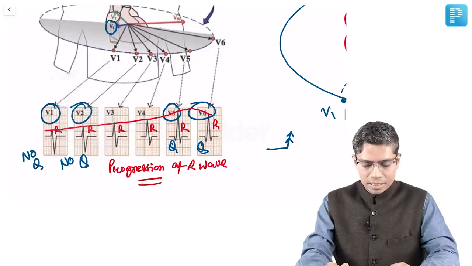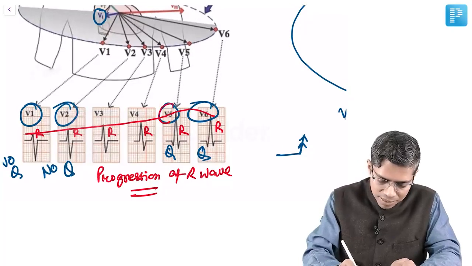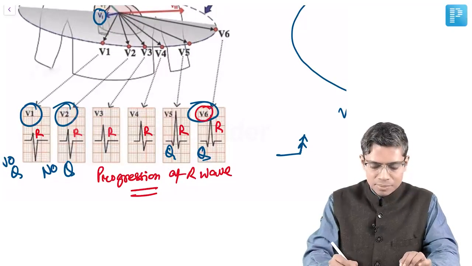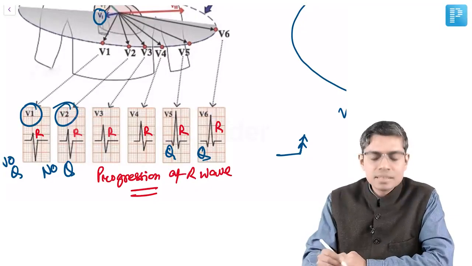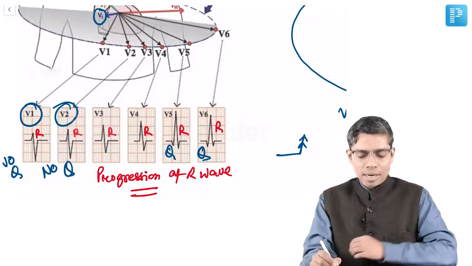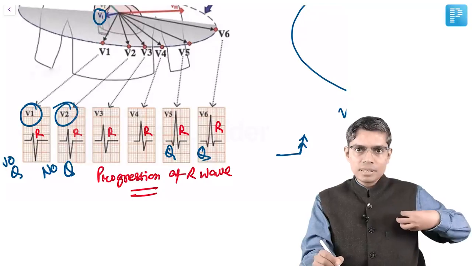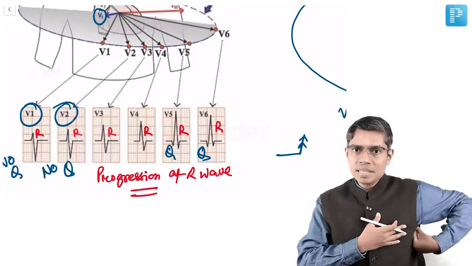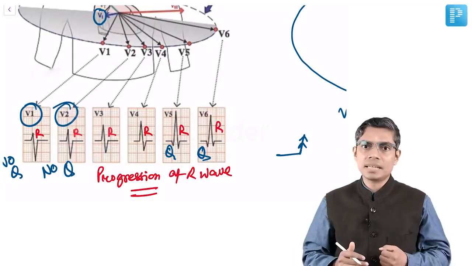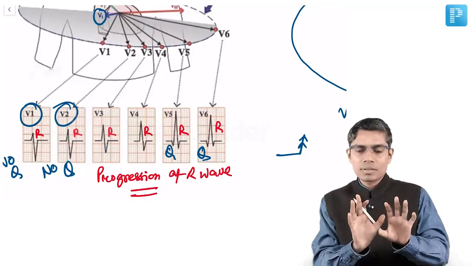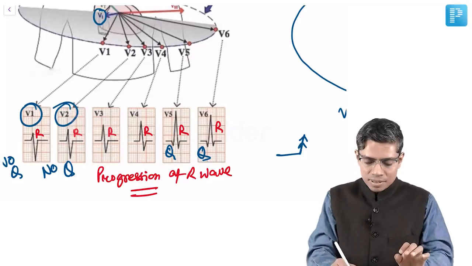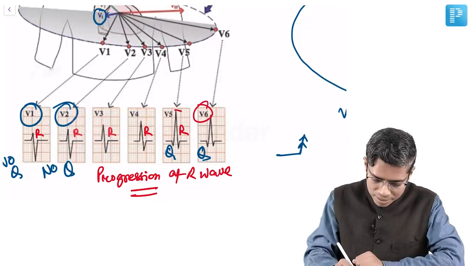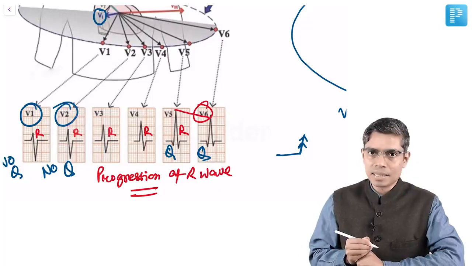Now you may be thinking, why is it maximum in V5 and in V6 there is a little decrease? Look at V1, V3, V4, V5, all of these are very close to the heart. But V6, because it is in the mid axillary line, the lung is causing a little hindrance to the V6 voltage recording, and that way the voltage is a little lesser than V5.